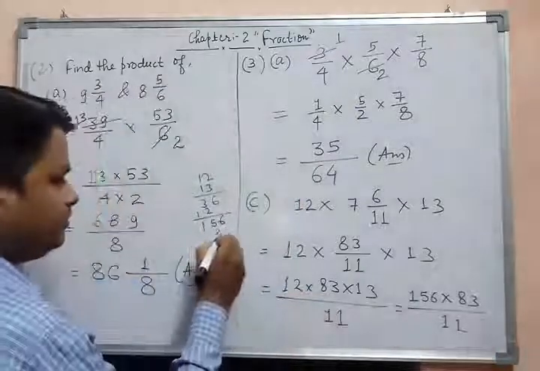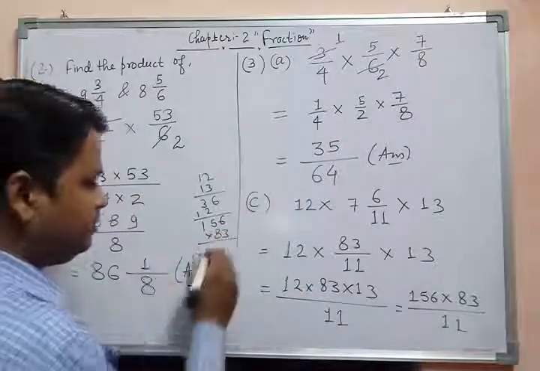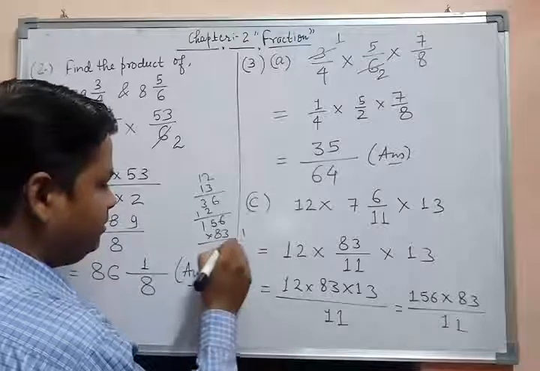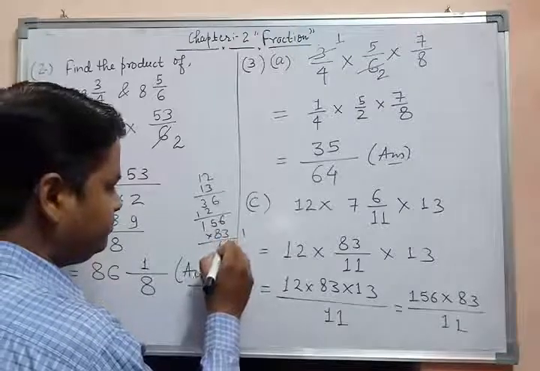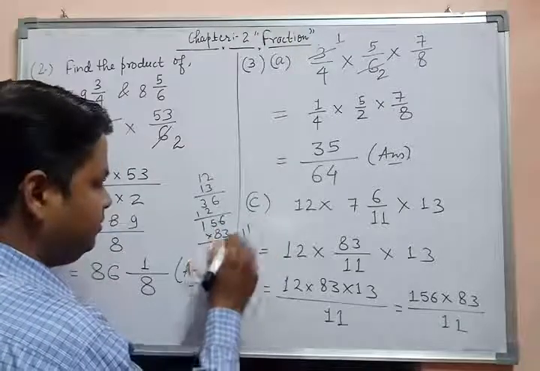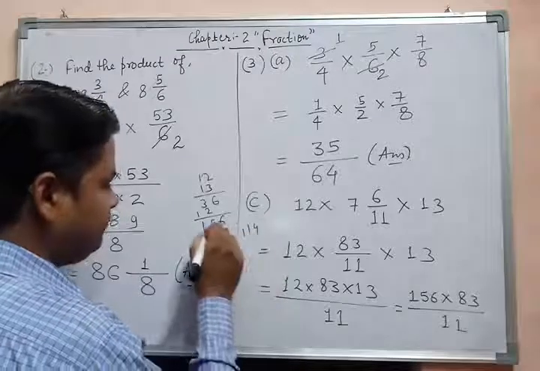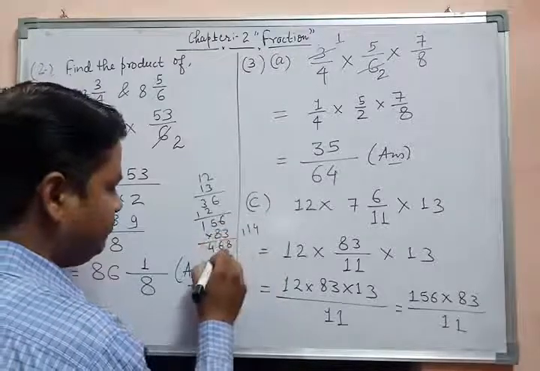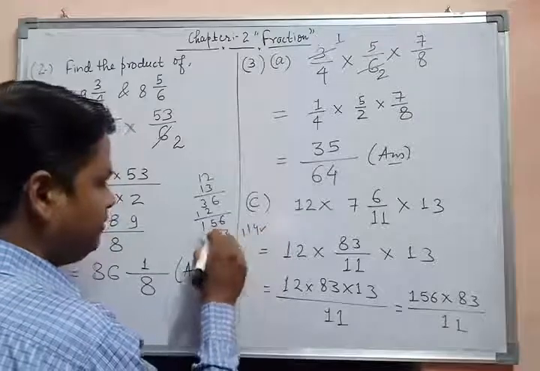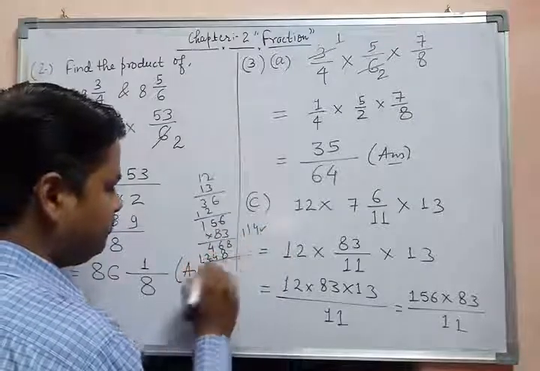Now we have to multiply 156 by 83. 3 sixes are 18, 1 carry, 3 fives are 15 and 1 is 16, 1 carry, 3 ones are 3 and 1 is 4. 8 sixes are 48, 4 carry, 8 fives are 40 and 4 is 44, 4 carry, 8 ones are 8 and 4 is 12.